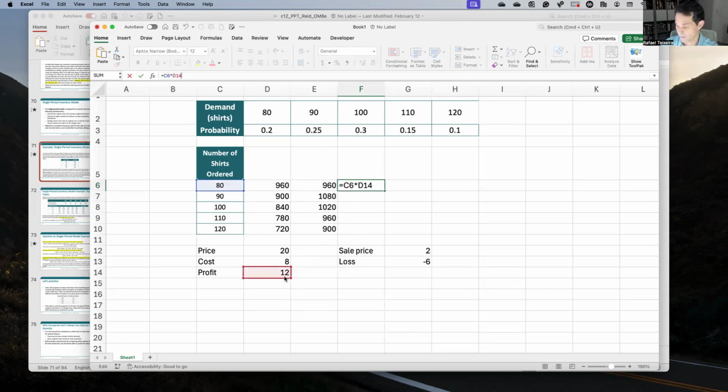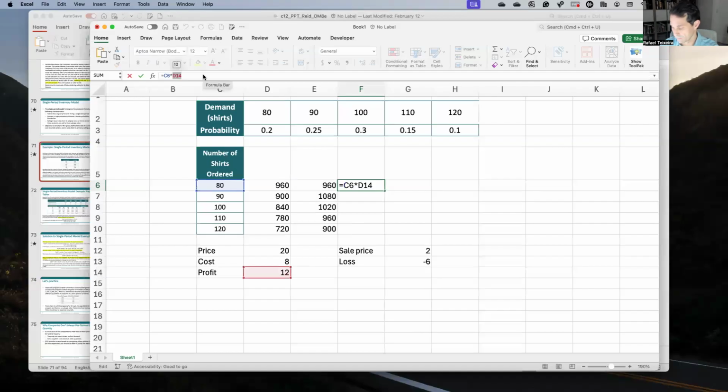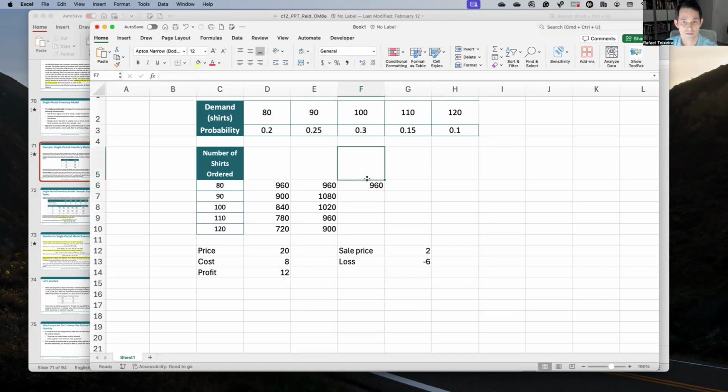So let's make it faster. Now I'm gonna lock this cell. Okay, I lock this cell, and then I have to lock both cells, right? Yes, I have to lock both cells, and then I can simply copy, and it's done.